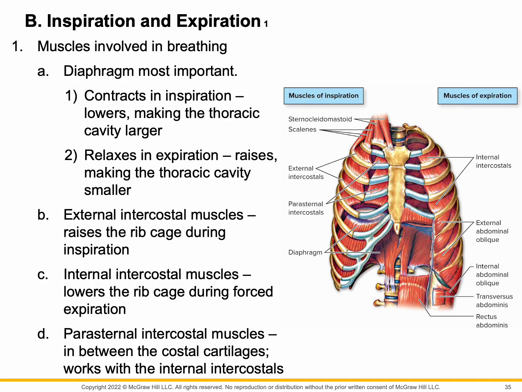This is more of a passive process during quiet breathing, primarily relying on the elasticity of the lung tissue and the relaxation of muscles. But it can be active during forced exhalation, involving internal intercostal and abdominal muscle action.